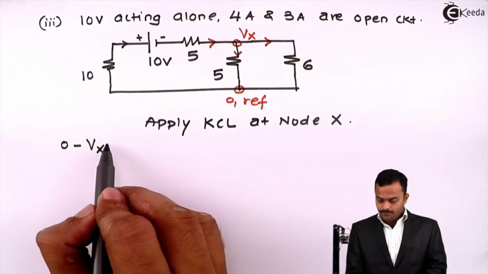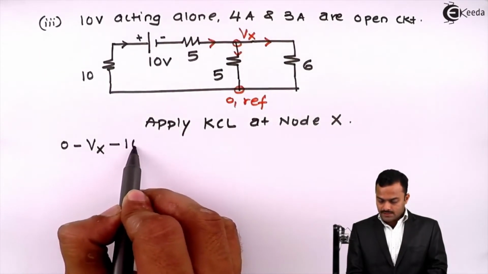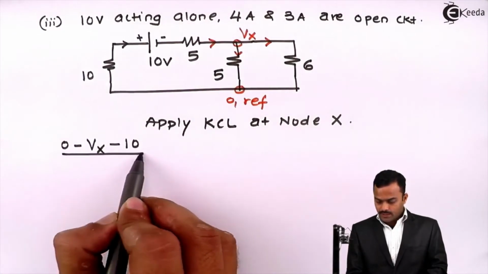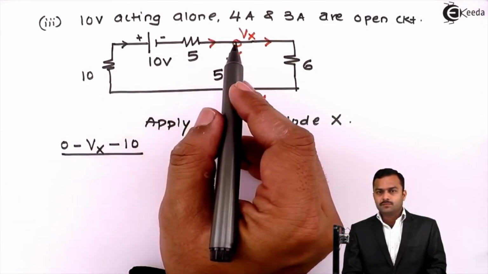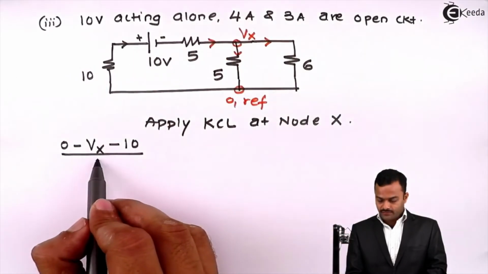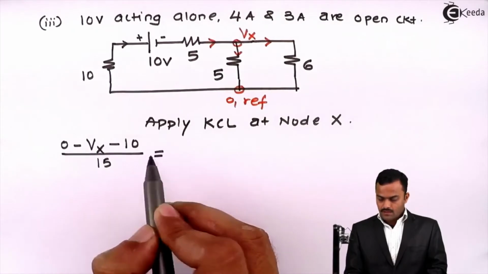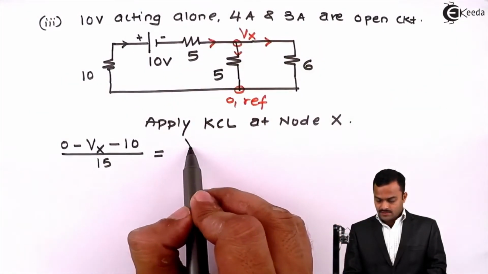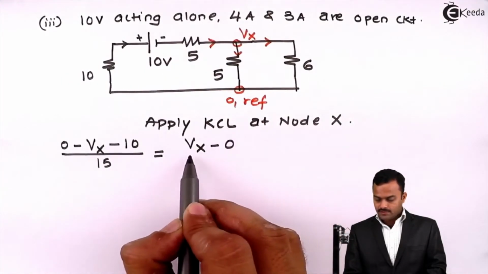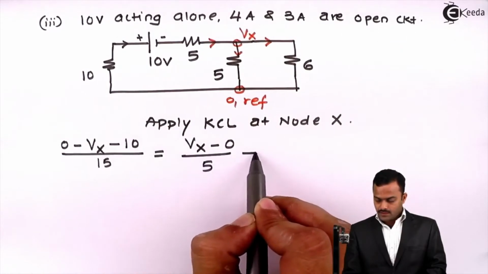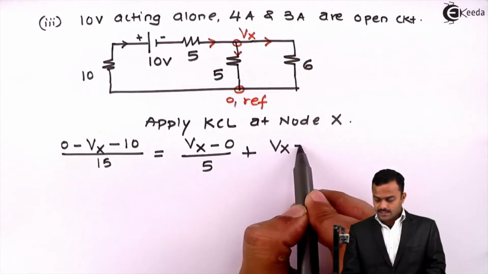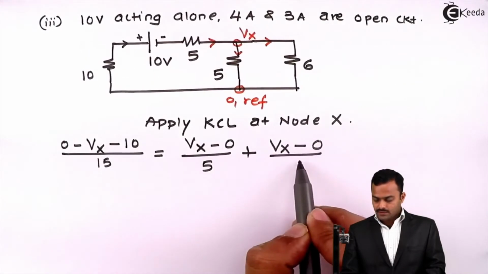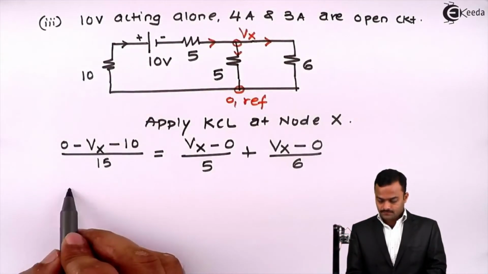So it's a voltage drop, denoted by minus 10 divided by the total resistance of this branch, 10 plus 5, which is 15. Outgoing current started at X, ending on reference, resistance is 5, and the third is once again starting at X, ending on reference, resistance is 6 ohm.